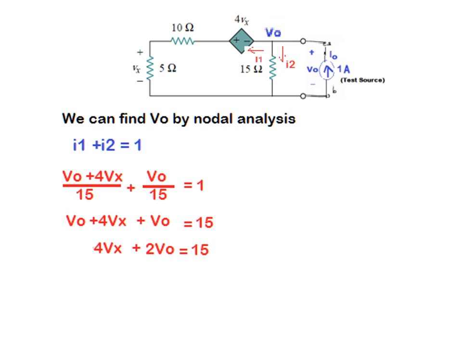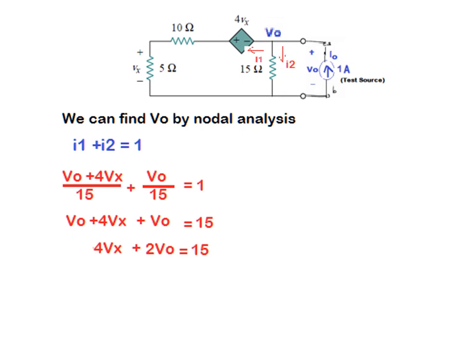Entering current 1 ampere and leaving currents I1 and I2, and with the techniques that we have learned, we can now write I1 going from V naught to ground, so V naught, and this current is also in the same direction, so we'll add V naught plus 4Vx, divided by the total resistance.